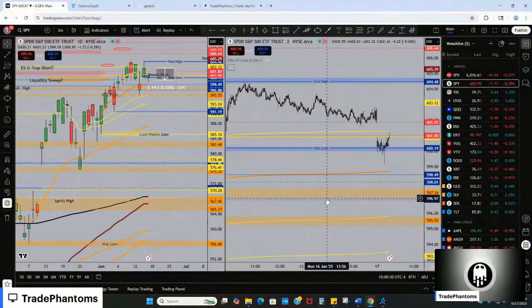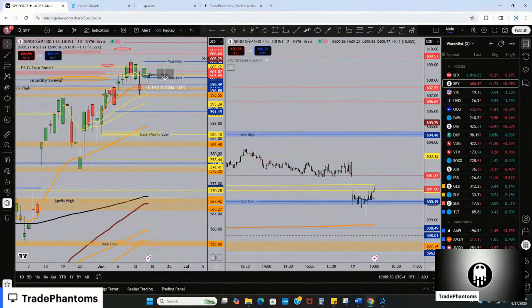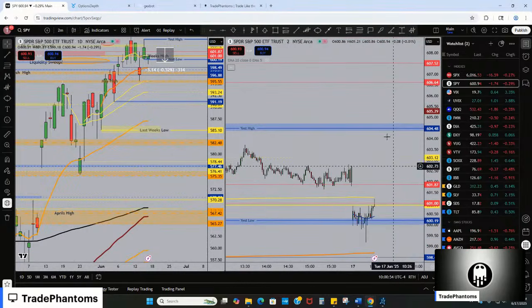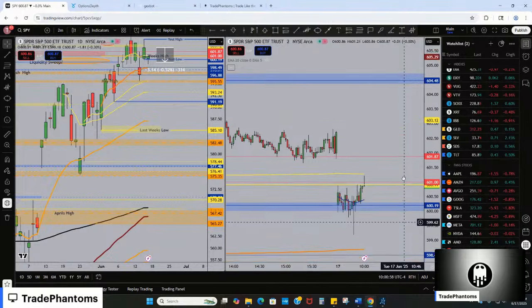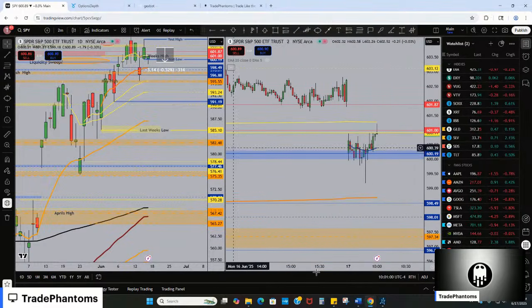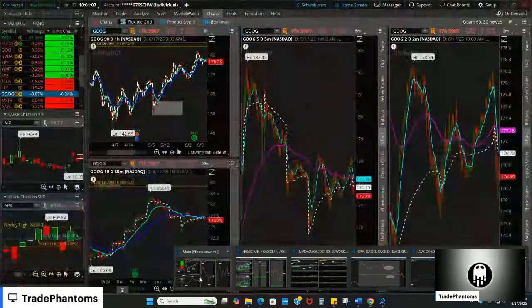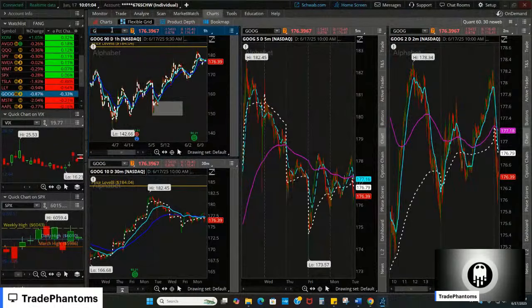VIX on lows. Positive COG a little while ago on SPYs.